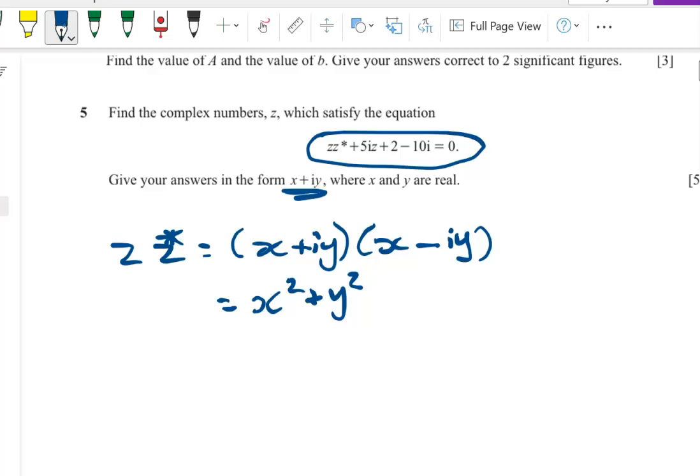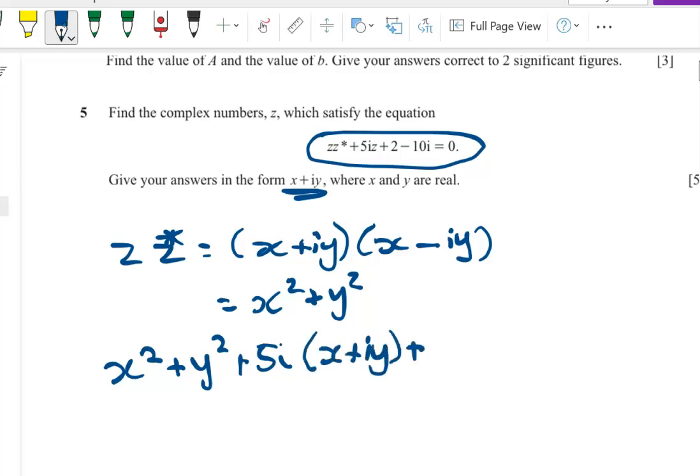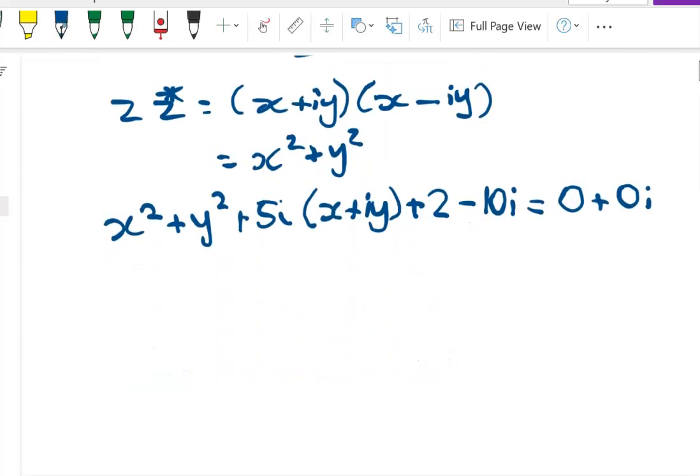So we can just get into it and substitute in x squared plus y squared plus 5i times x plus iy plus 2 minus 10i is equal to 0. But what we're going to do here is match the real and the imaginary part. So we'll write 0 straight away as 0 plus 0i. So let's clean this up and hope that something nice simplifies.